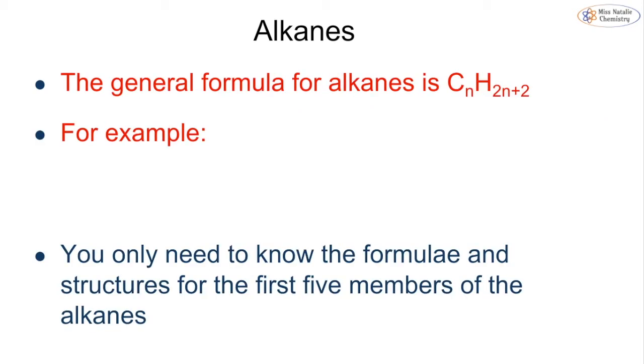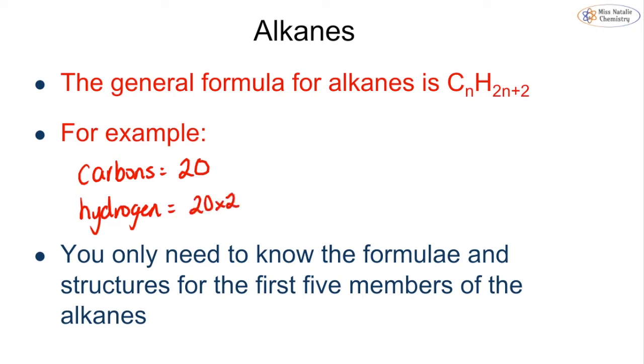Now the general formula for the alkanes is CnH2n+2, meaning we have a specific number of carbons, and to work out the number of hydrogens, we multiply it by 2 and we add 2. So for example, if our carbons was 20, to work out my hydrogens, I would do 20 times 2 and then add 2, which would give me 42, meaning my formula would be C20H42.